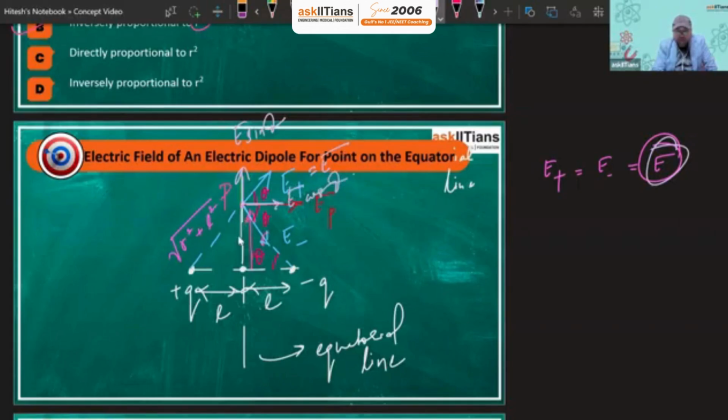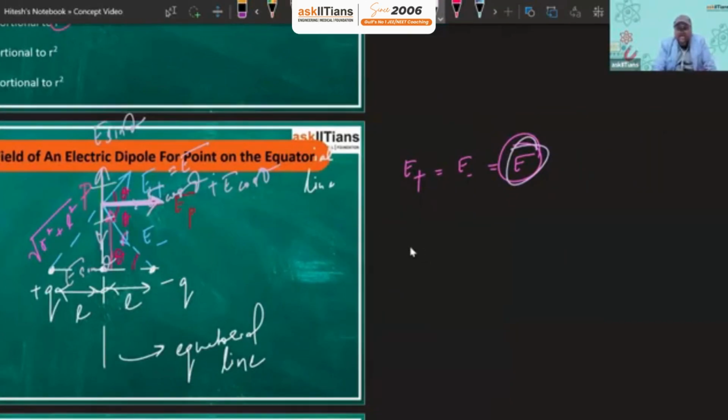And again from this side, E sin theta. And again we have E cos theta. Getting it? So here we are having 2E cos theta, and the sin components would cancel out. You see?